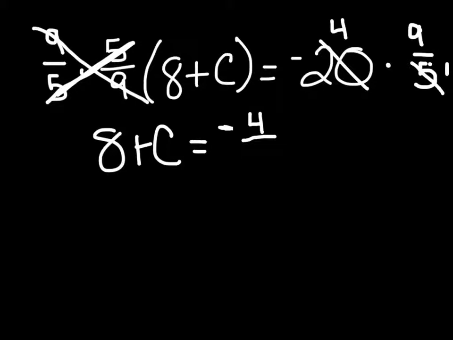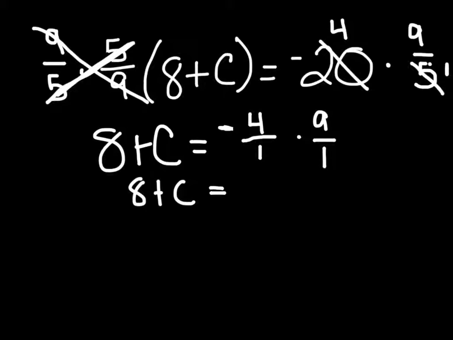And what do I put that over? 1, because any number over 1 is itself. Times 9 over 1. So I rewrite my 8 plus c, because have I done anything to 8 plus c yet? Nope, so it's still the same.